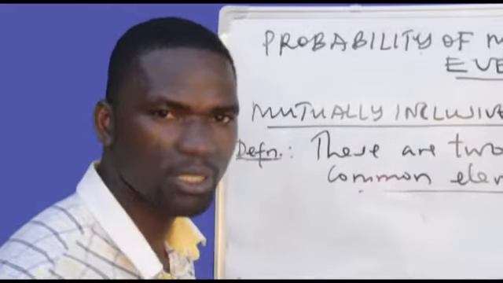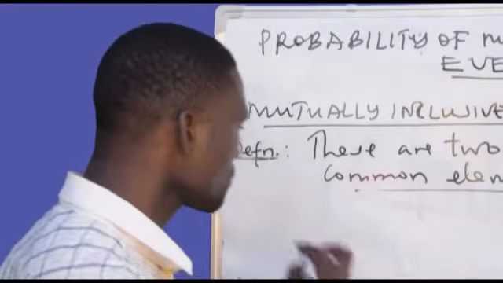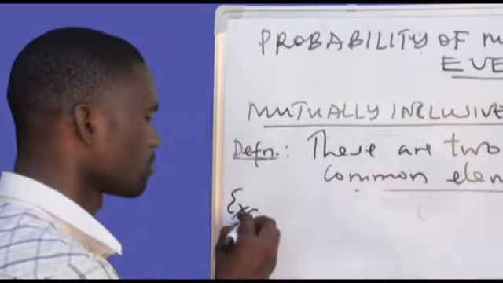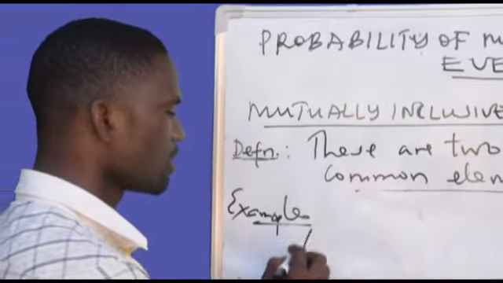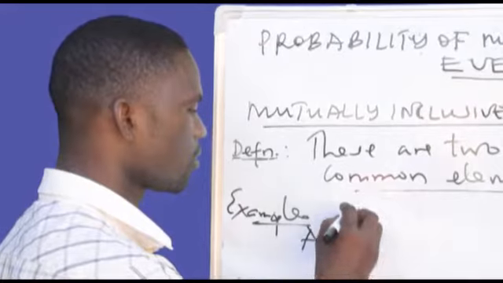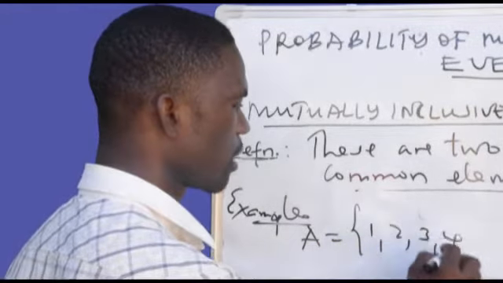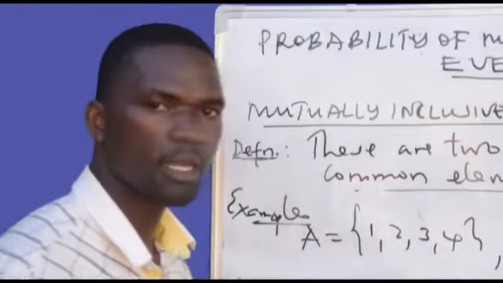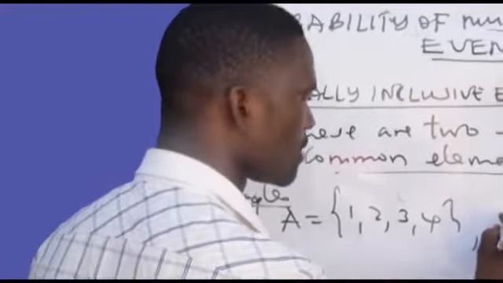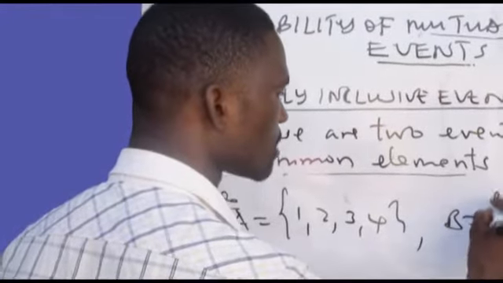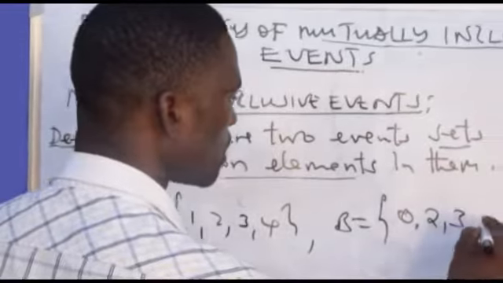Let's take an example at least to make sure that this is clear for everybody. Let's say you have a set A whose members are 1, 2, 3, and 4. And again, there is another set B whose members are 0, 2, 3, and 5.